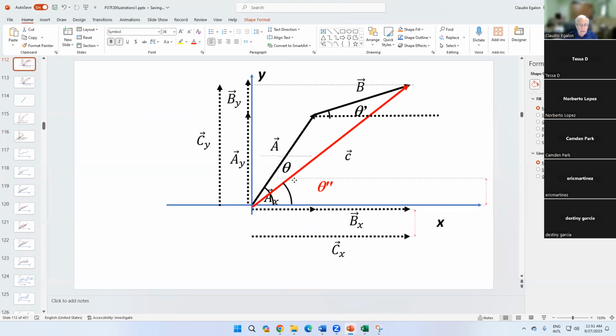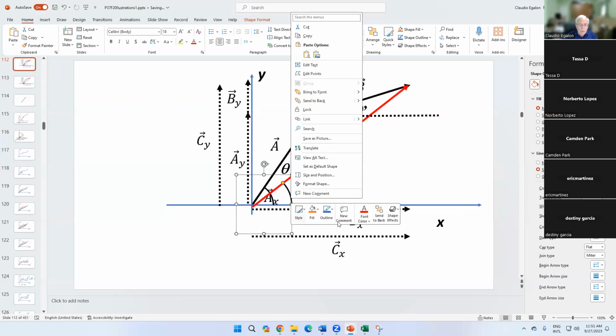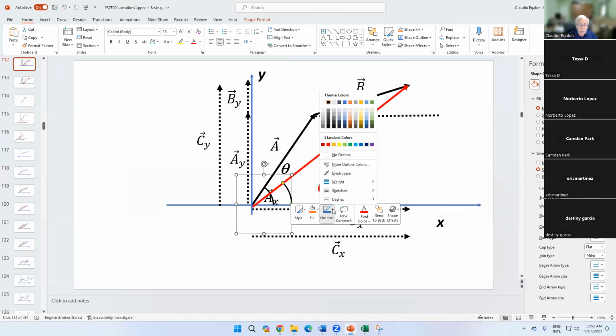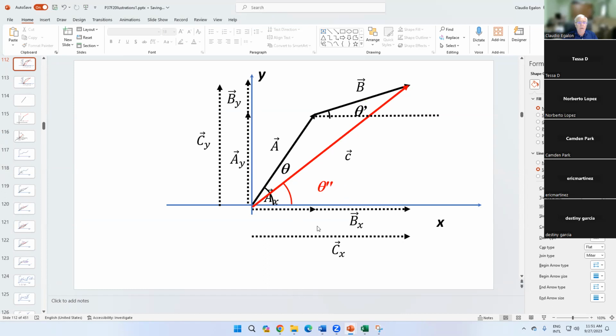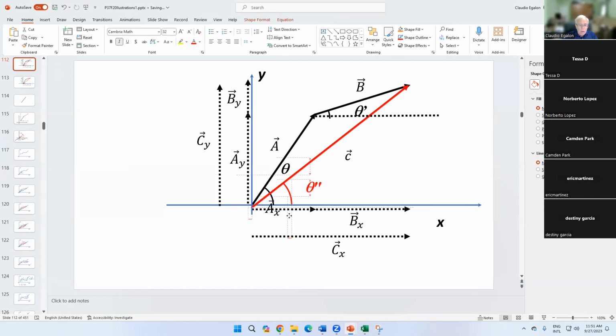I'll put it aside. I'll make it red so you know that it is related to theta 2 prime. Bring it down here, right? This angle theta 2 prime is going to be this length, the y component. The tangent of this angle is going to be the y component divided by the x component.